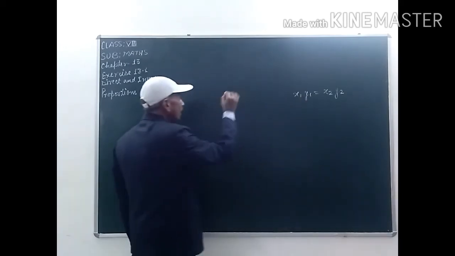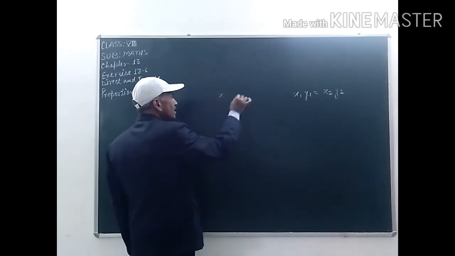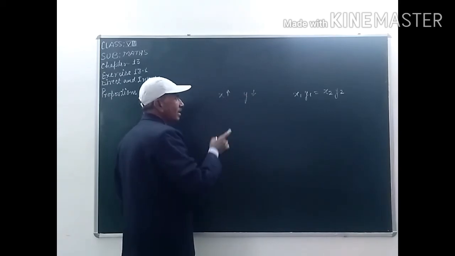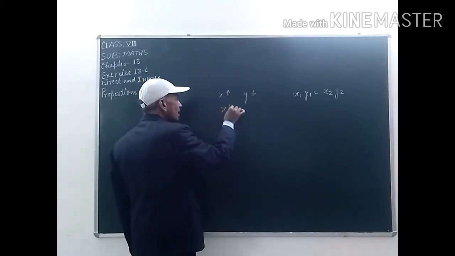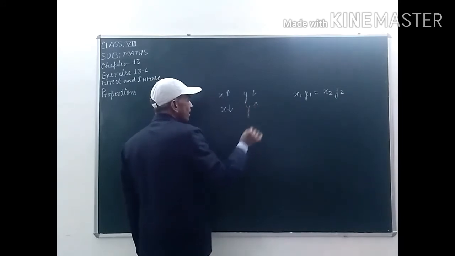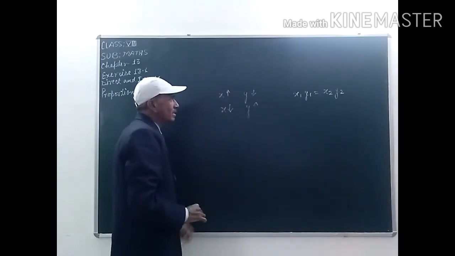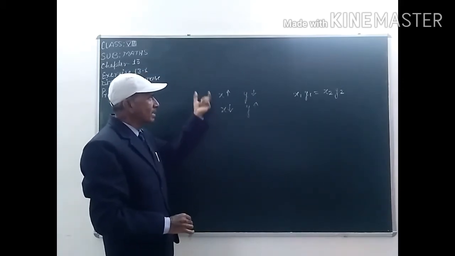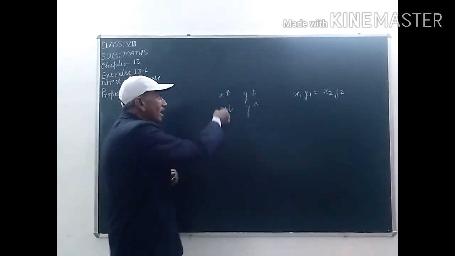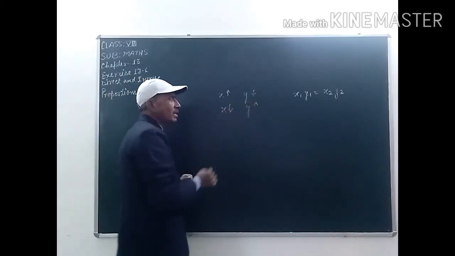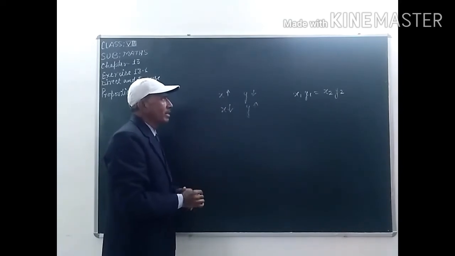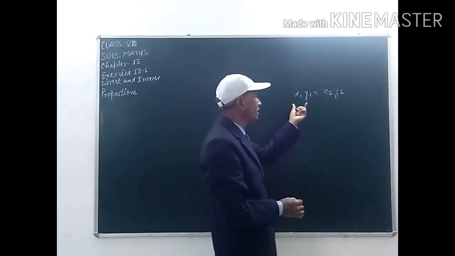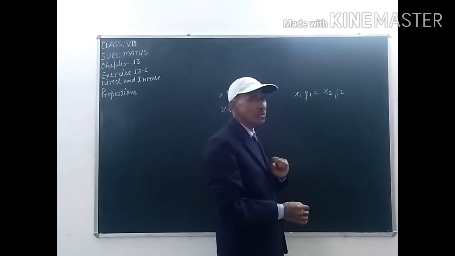If there are two quantities, x and y, and if x is increasing and y is decreasing, or x is decreasing and y is increasing, then there will be inverse proportion. If two quantities are such that one quantity is increasing and the other is decreasing, or the first is decreasing and the second is increasing, then there will be inverse proportion. So the formula for inverse proportion is x1 y1 is equal to x2 y2.